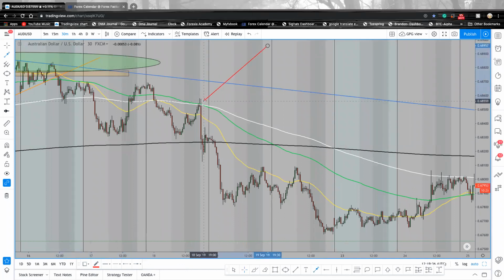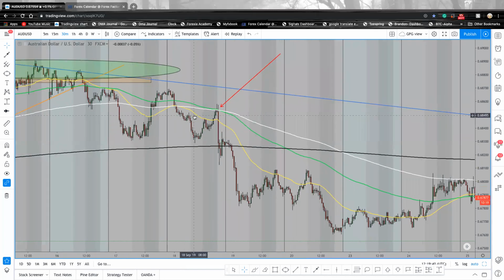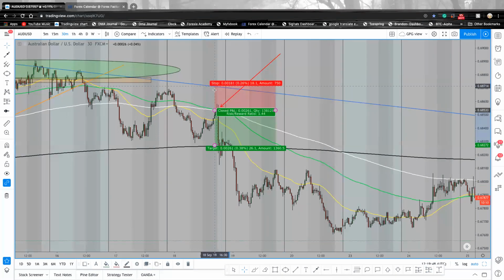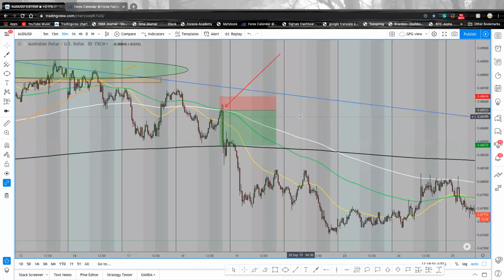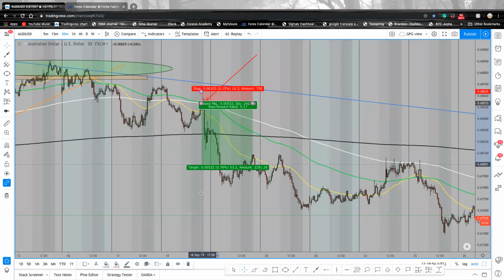Right here, retest of DMA and WMA, end of New York session. Great time to sell. I actually missed this. I remember I was so pissed. 10 pips, beautiful setup. By the end of the week, you could get around 90 pips, same day 70 pips, which is pretty good.